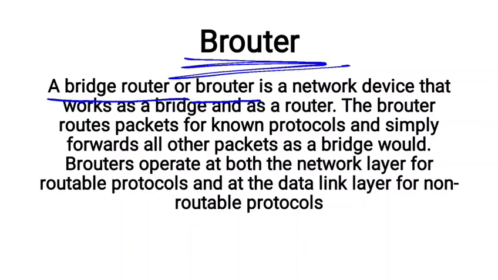The router is a combination of bridge and router. Is that clear? In the case of a router, it is a network device that works as a bridge and as a router. This router performs its work as a bridge and a router.